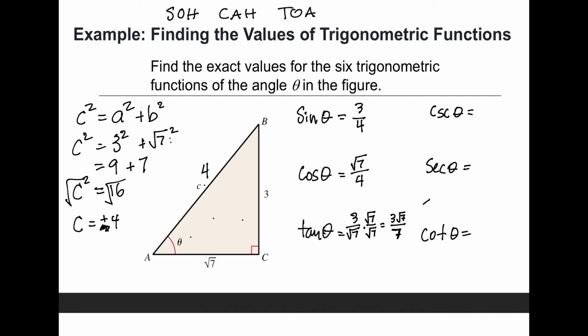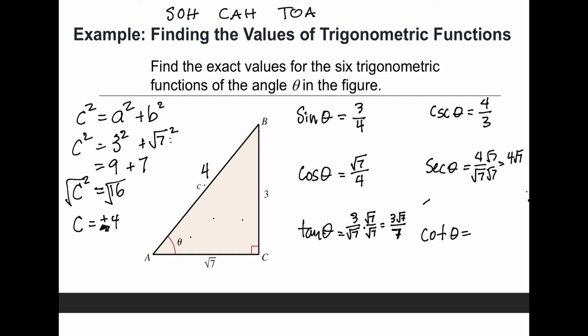Once we go to the other ones, these are just the reciprocals of the previous. So cosecant and sine being reciprocals, 4 over 3. Secant being the reciprocal of cosine. That's 4 over square root of 7. So if we multiply again, square root of 7, top and bottom, that's 4 root of 7 over 7.